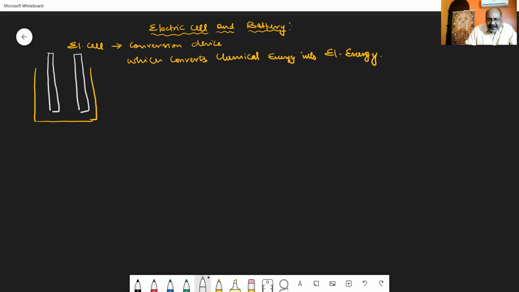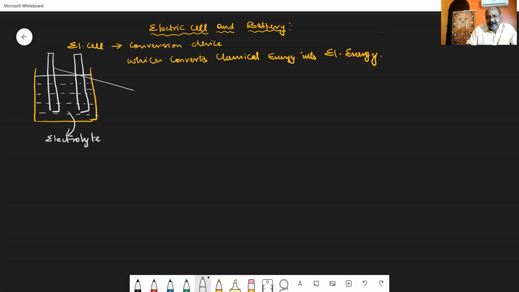And the container contains a solution or a paste, which we are taking as electrolyte.